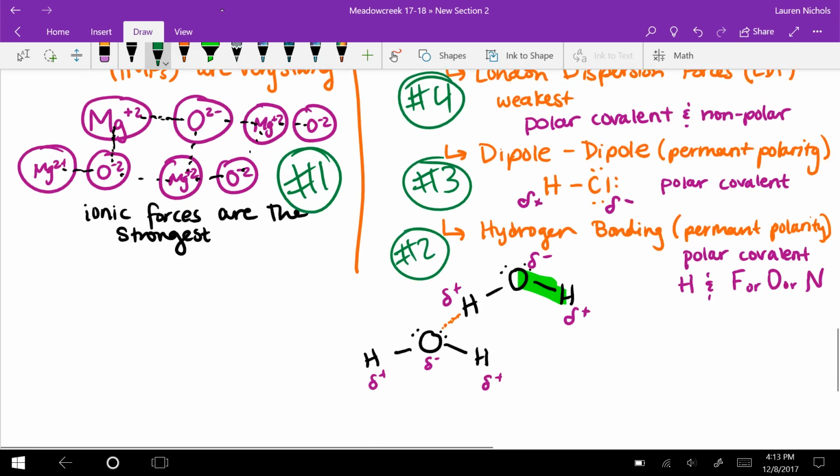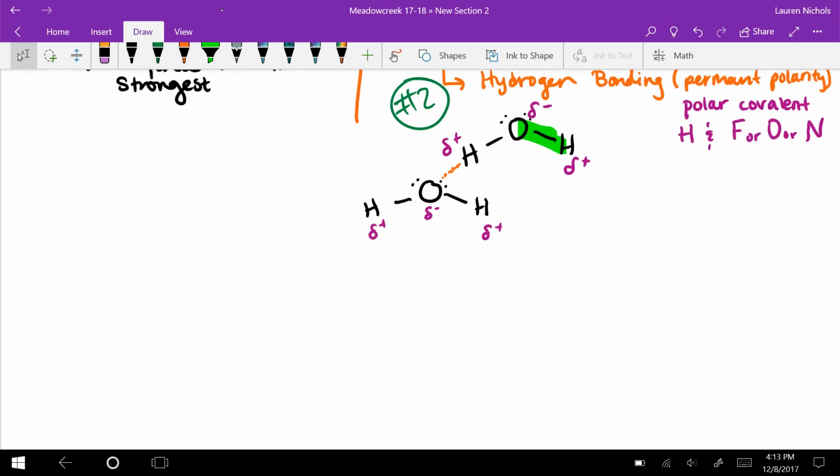So let's talk about other physical features of ionic versus covalent.